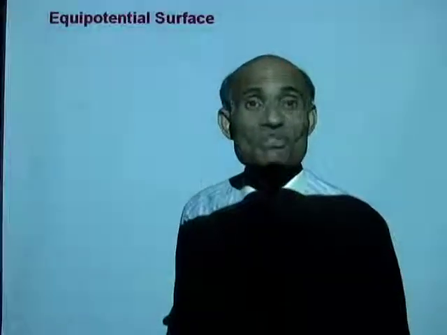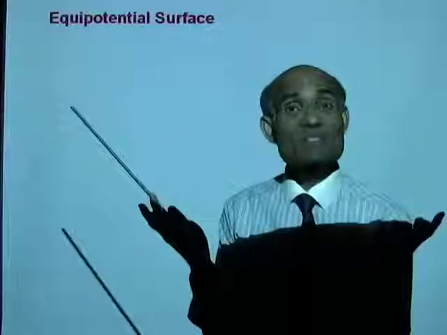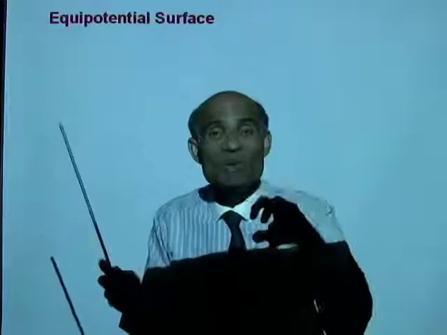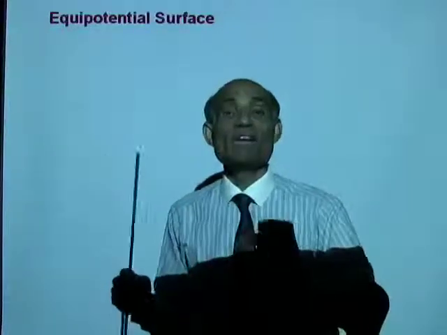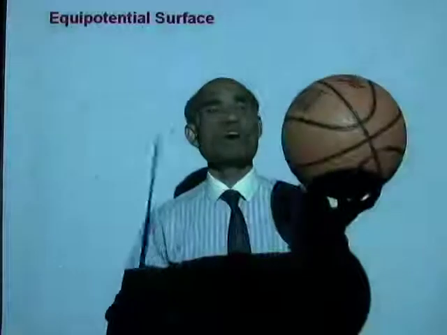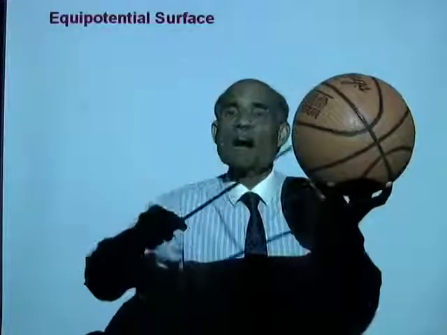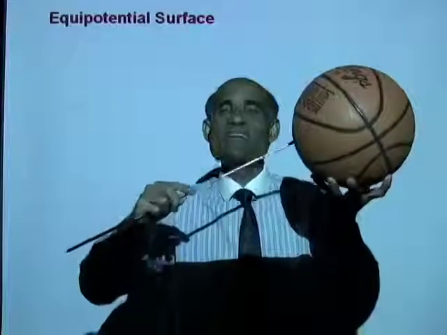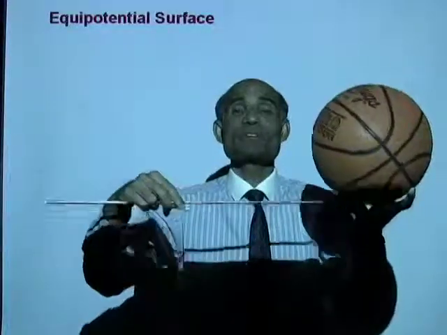What is the meaning of equipotential surface? The name itself suggests what it is. A surface where the potential is the same all over is called an equipotential surface. Now tell me, is the surface of a charged sphere or a shell an equipotential surface?